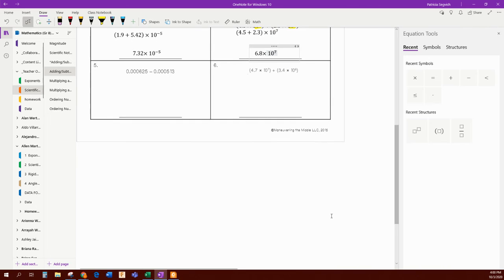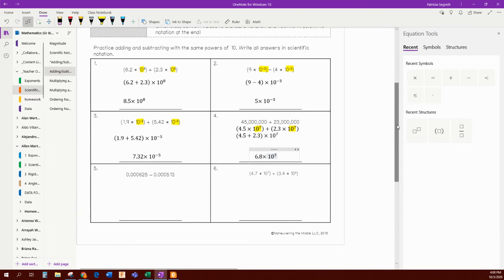Number 5, we're going to get a little practice writing in scientific notation when we have a negative exponent. So first of all, if we change this as a negative exponent, our first factor, remember that number between 1 and 10, is going to have to be 6.25.